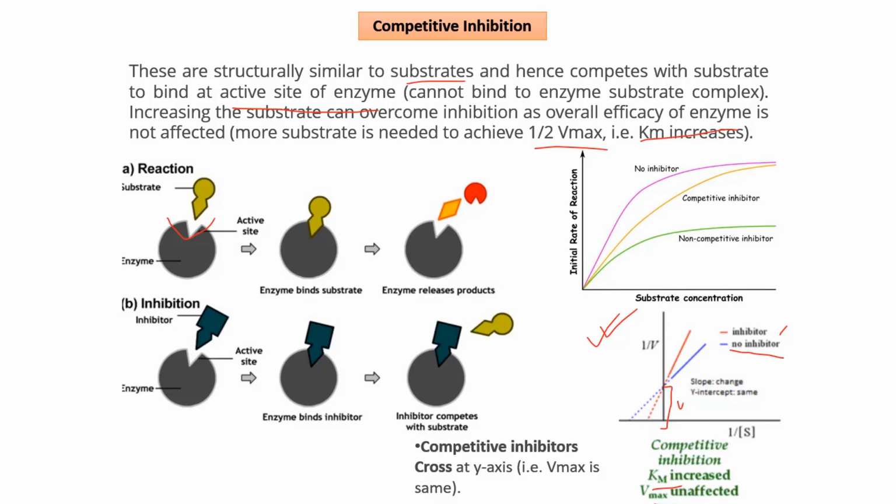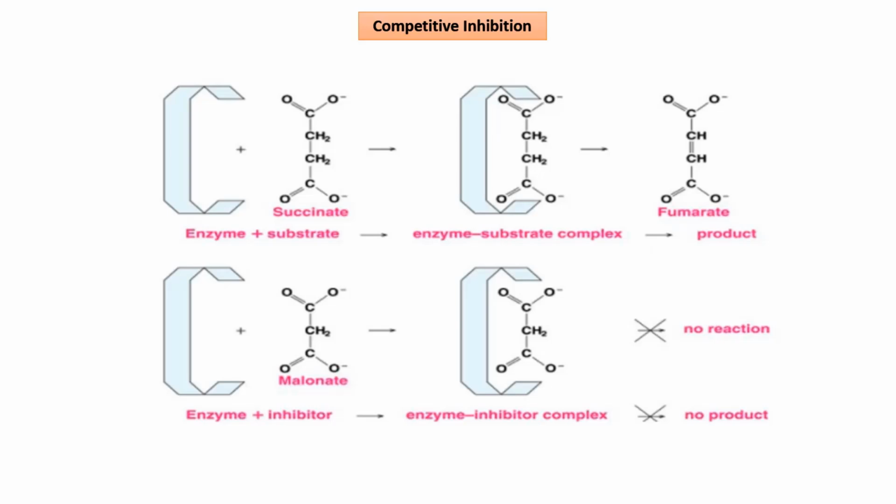Before going back, you don't need to know the entire reaction, but for the sake of explanation, this is enzyme plus substrate, which is succinate, and there we get the enzyme substrate complex, which converts the succinate to fumarate, which is the product.